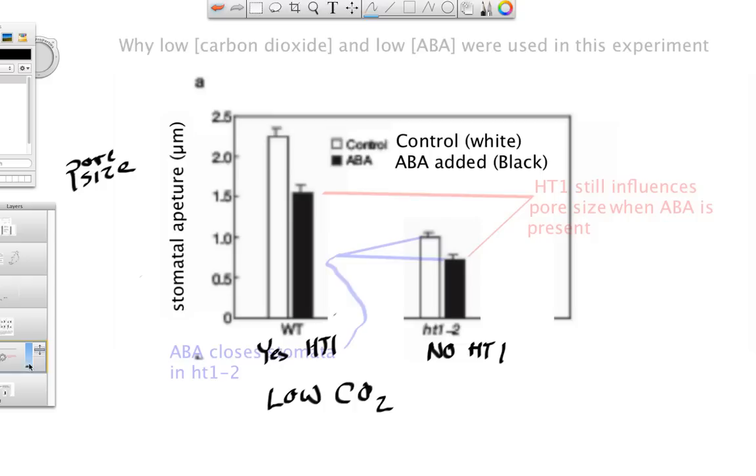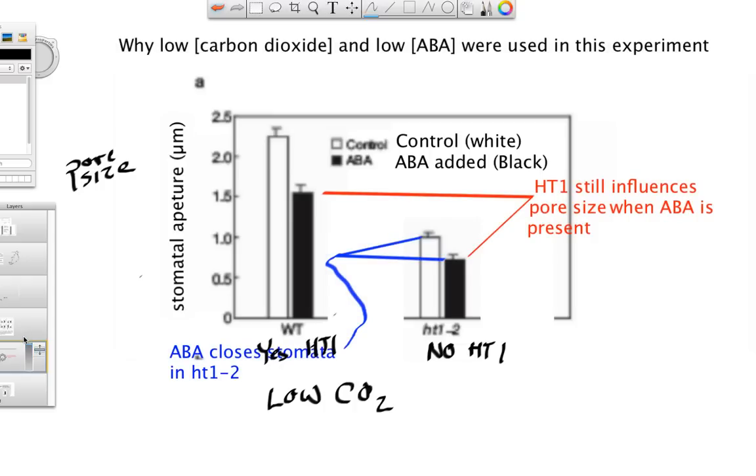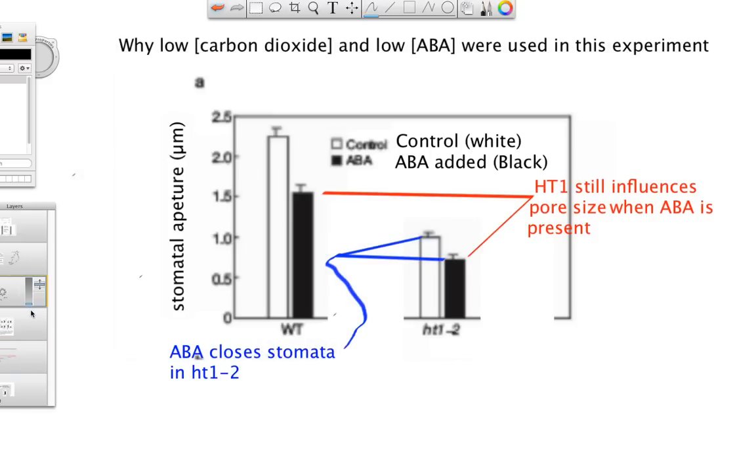But this is a much more clever setup. So the HT1 is not required for the closure of stomata by abscisic acid. That's pointed out by this comparison.